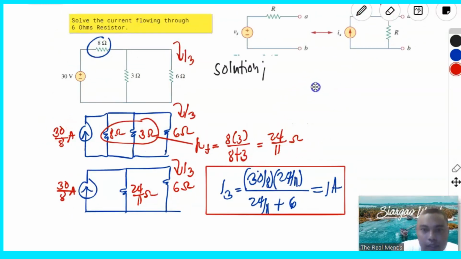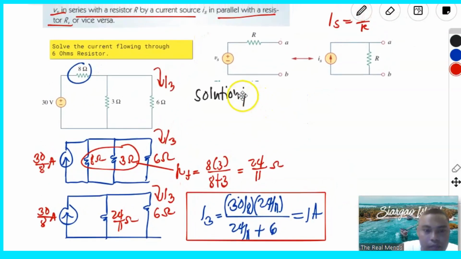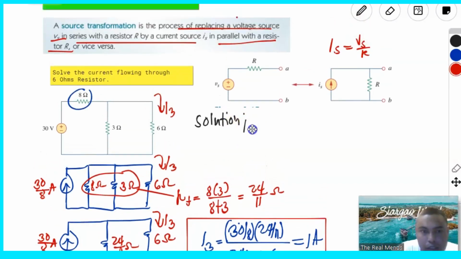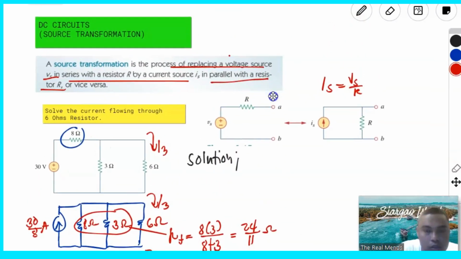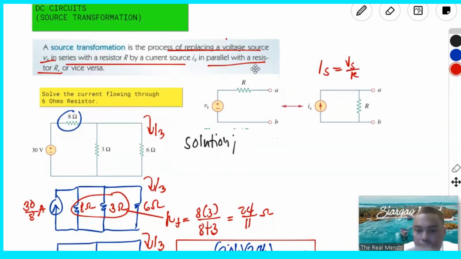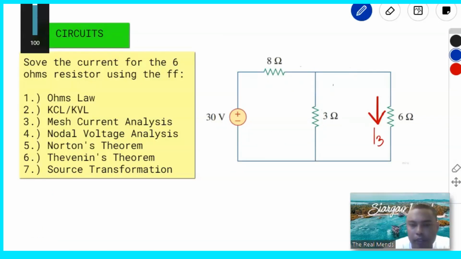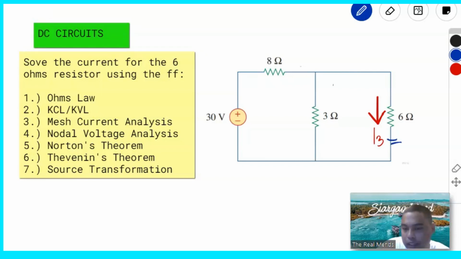Okay, and then that theorems are based on the engineering circuit analysis. Okay, so I hope na natutunan nyo to solve sa isang circuit gamit ang iba't ibang theorems. Okay, after our solutions sa iba't ibang theorems, we conclude that the value for the I3 is equals to 1 ampere.